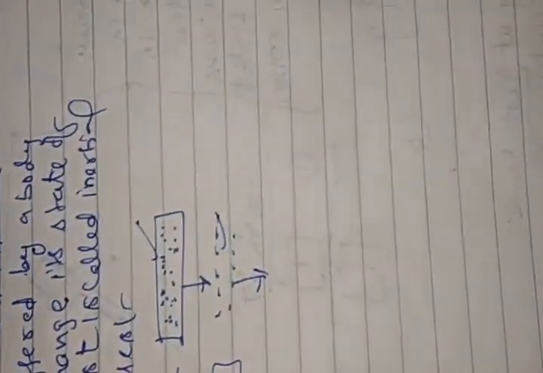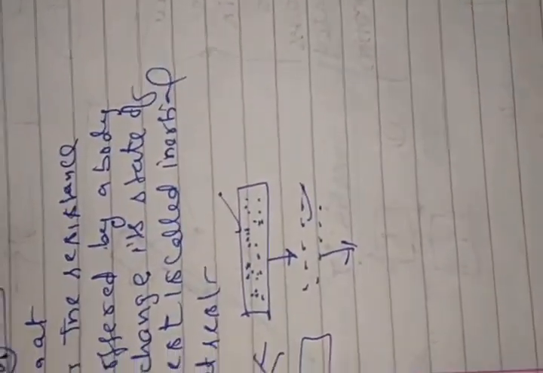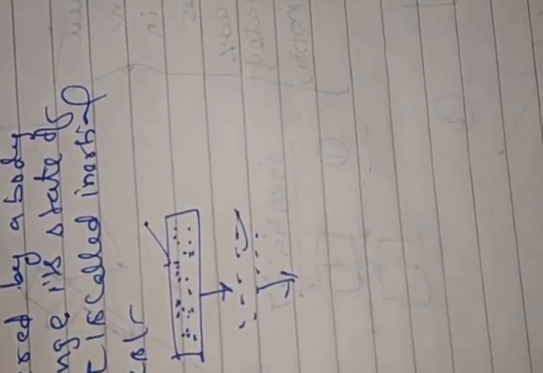So we hang the carpet and then beat it with a stick. Due to the beating action, the carpet moves along with the stick, and the dust particles, in a tendency to remain at rest, get detached from the carpet.